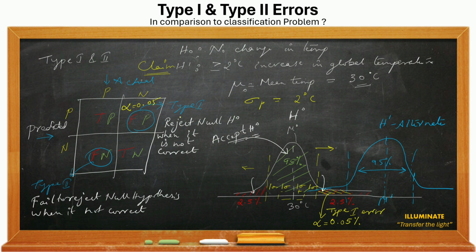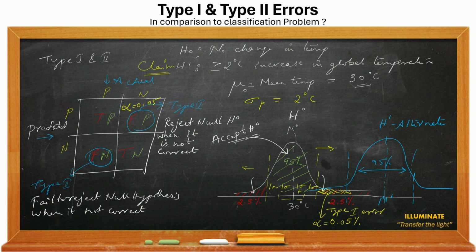Reject null hypothesis. Okay, you have taken some temperature data of this year and you compare it with the previous year, and what happens is you reject the null hypothesis. That means your point of measurement of mean temperature falls in this area. That means it's outside your 30 degrees Celsius 95%, it falls in this area, and you say you reject the null hypothesis.